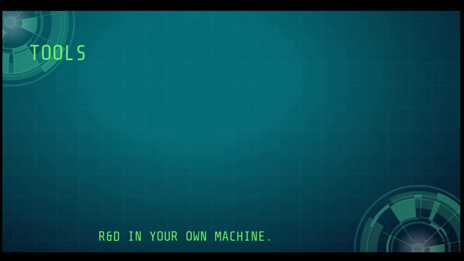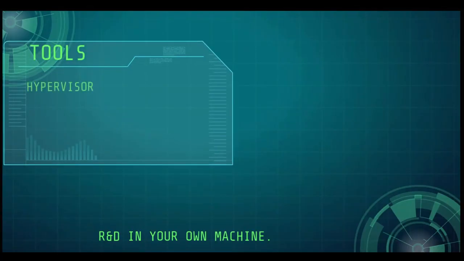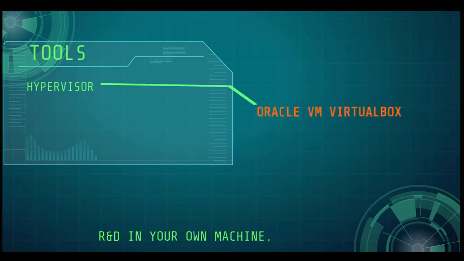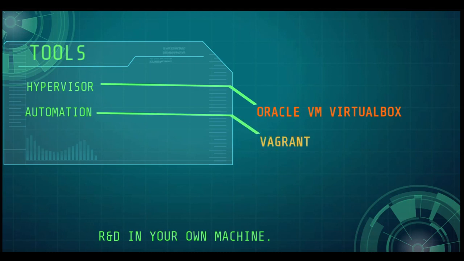Starting with a hypervisor, we are going to use Oracle VM VirtualBox, on which we are going to set up virtual machines. But since this is going to be automated, for automation we are going to use Vagrant, and we need to execute many commands.